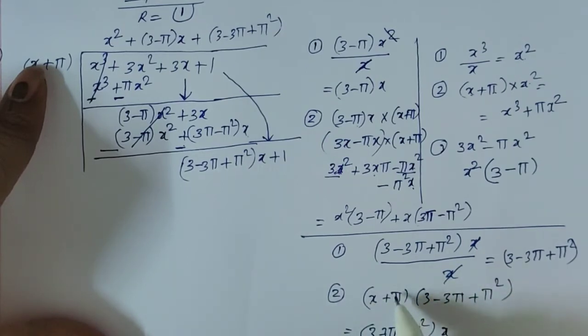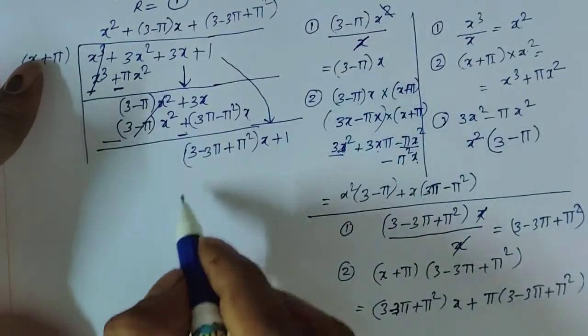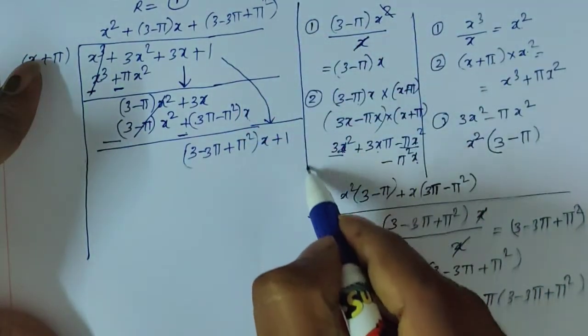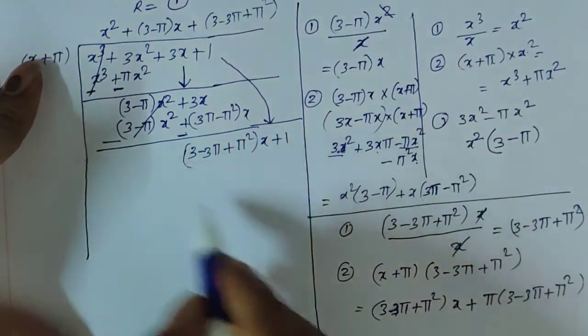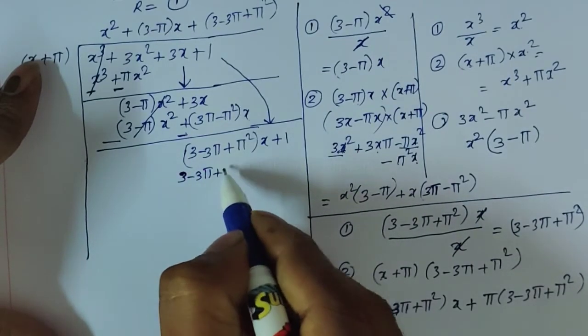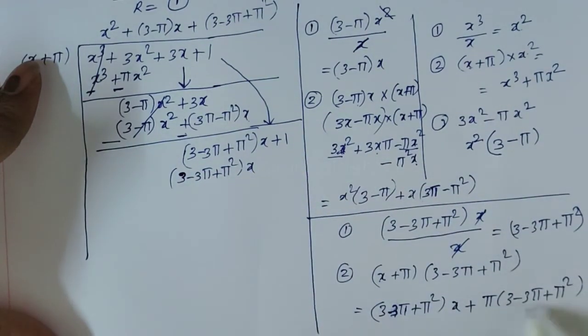This time I need to multiply with pi, plus pi into 3 minus 3 pi plus pi square. Now write this part just below it. So here 3 minus 3 pi plus pi square into x plus this part.